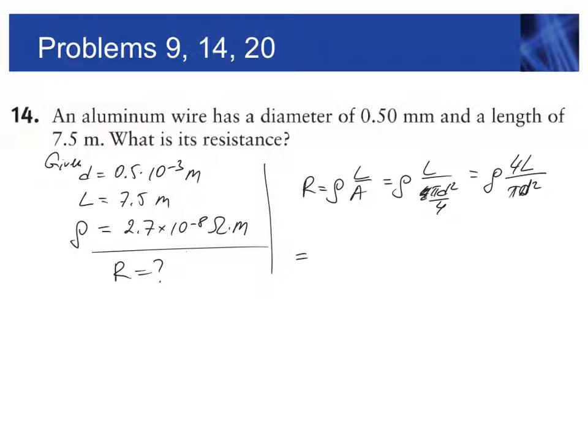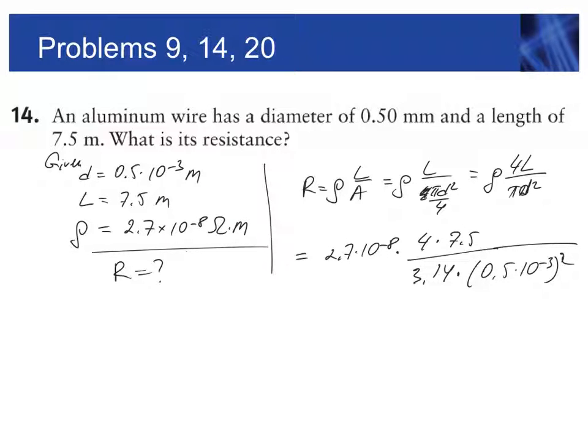Plugging in values, it is 2.7 times 10 to the negative 8, times 4, times 7.5, over 3.14 times 0.5 times 10 to the negative 3 squared. And the answer is approximately 1.0 ohm. That's it. Let's go to the next.